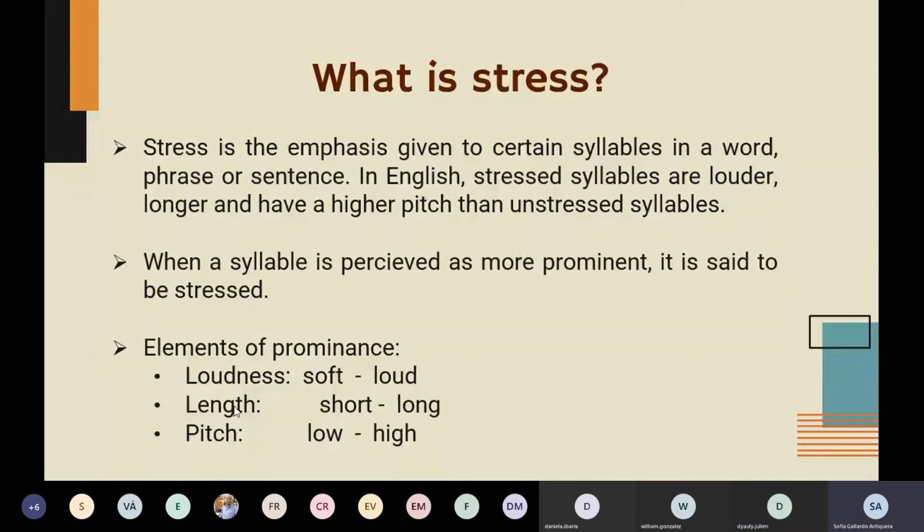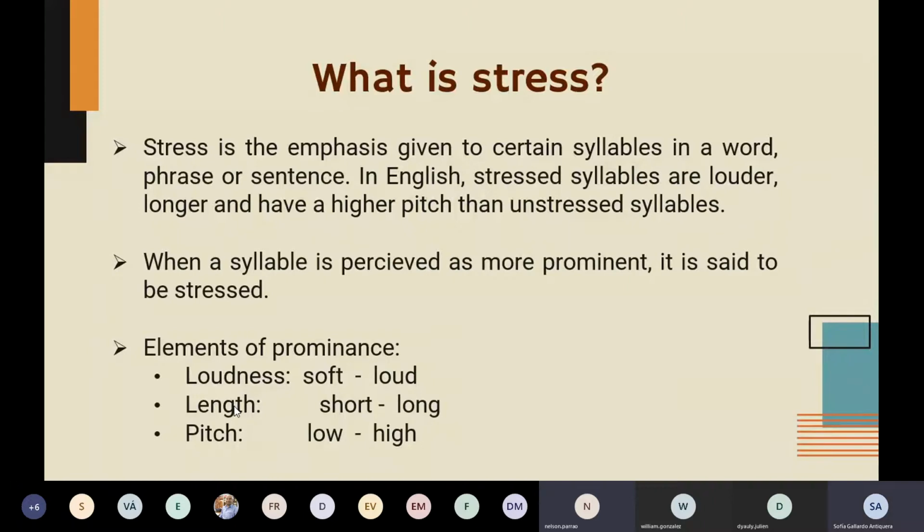Okay. What is stress? Stress is the emphasis given to certain syllables in a word, phrase, or sentence. In English, stressed syllables are louder, longer, and have a higher pitch than unstressed syllables.